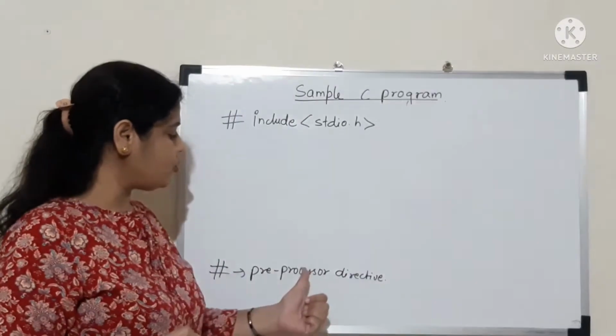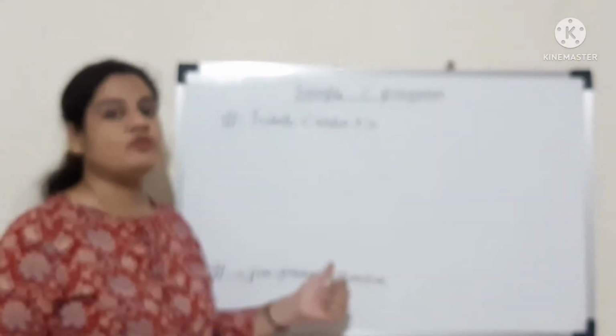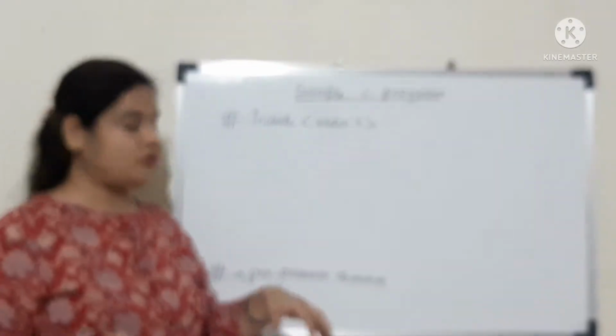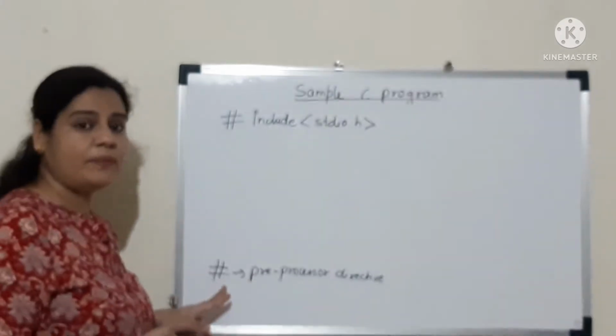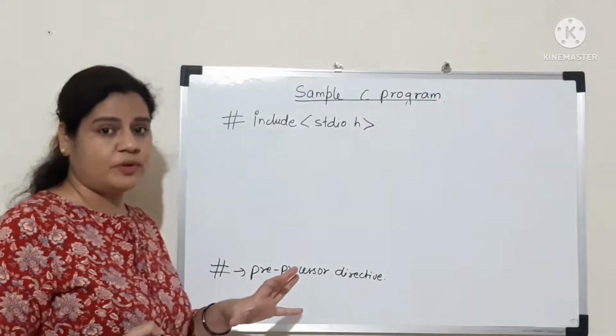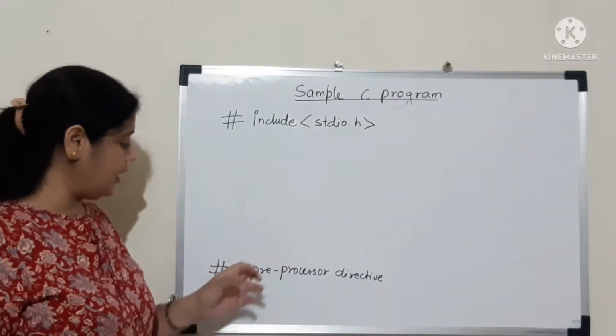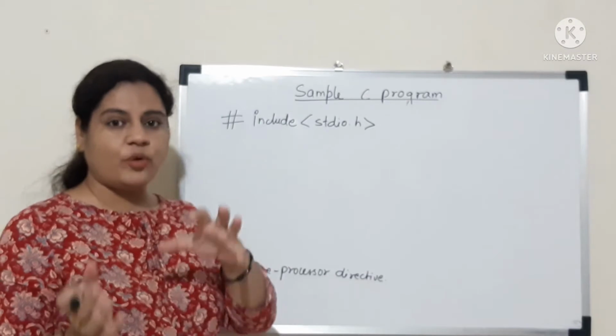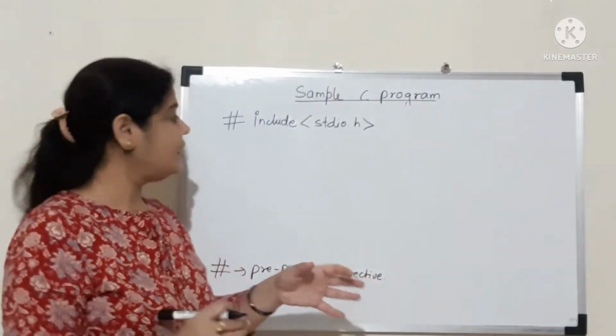If you want to include something, if you want to define something which you are going to use in your program, you have to use hash. Preprocessor is responsible for setting the environment of the program. Basically it links the program with the header file.